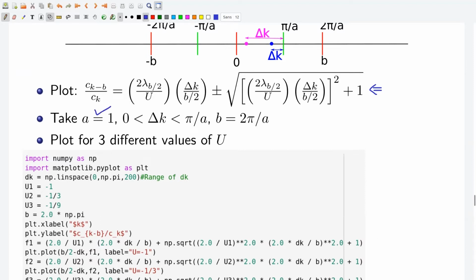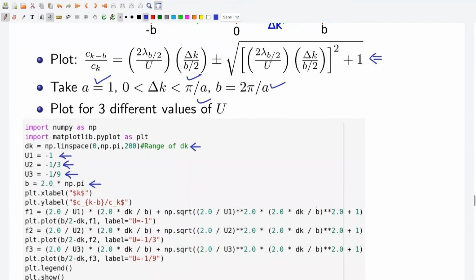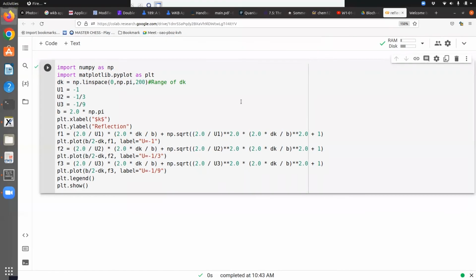We take a to be equal to 1, and delta K lies in the range of 0 and pi by a as defined here, and b is equal to 2 pi by a as defined here. We plot for 3 different values of U equal to -1, -1/3, and -1/9. The functions to be plotted for 3 different U's are defined here in the code. This is the code for plotting reflection due to a periodic potential.